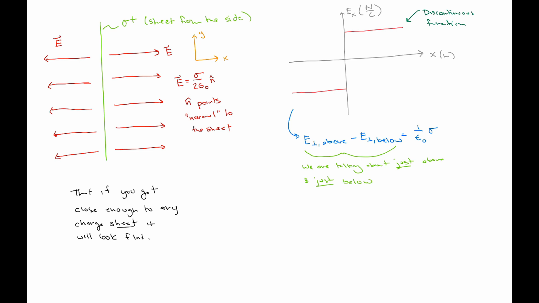So we're not talking about way above here and way below, although it would work for this particular sheet. If I'm thinking about a different charge distribution, this is true for all charge distributions or all sheets, but I'm thinking about just above and just below. So this is the importance of these boundary values of a sheet. True for any charged sheet.